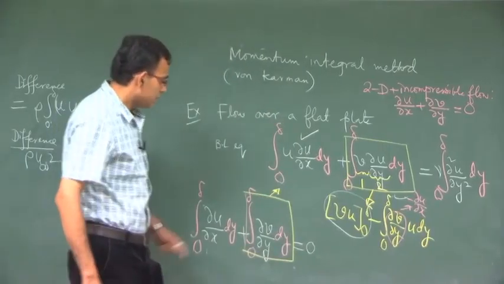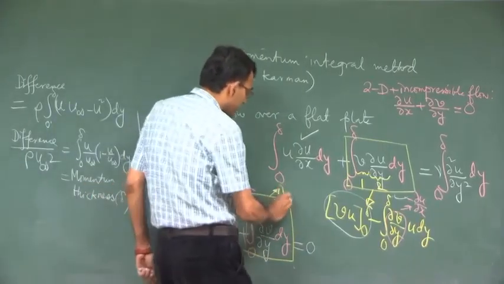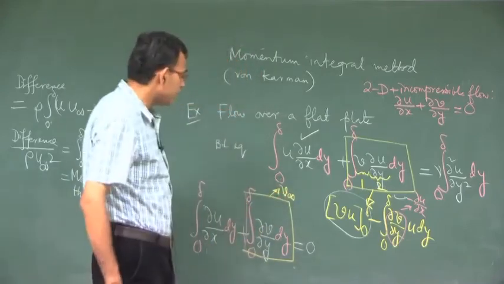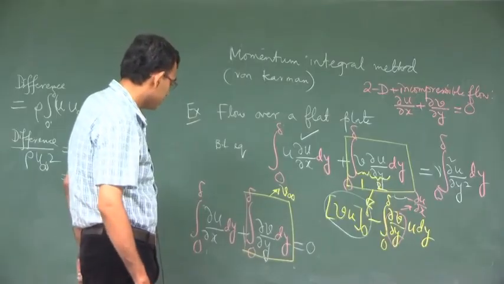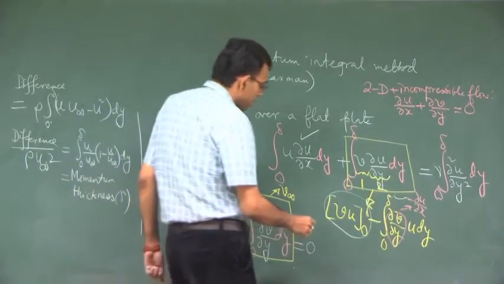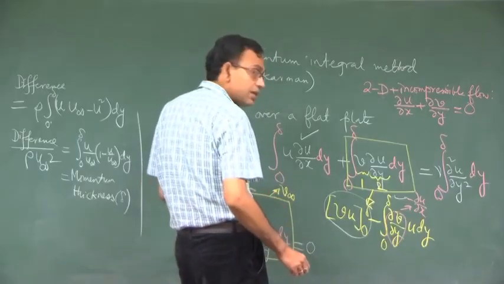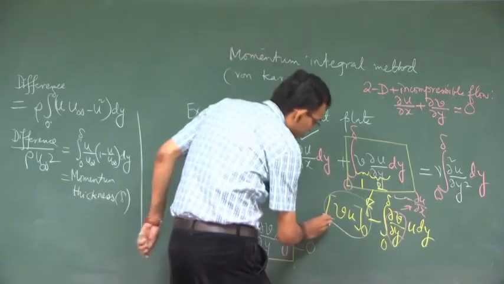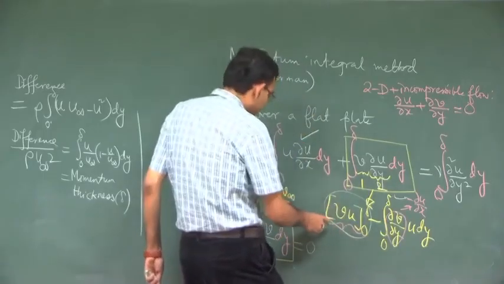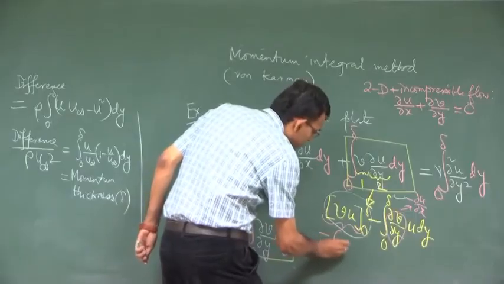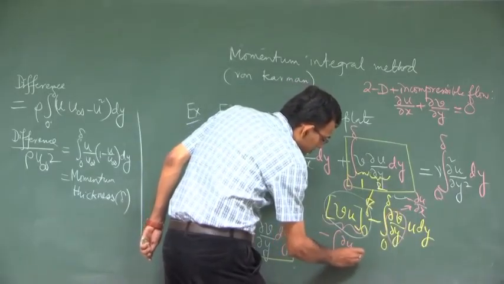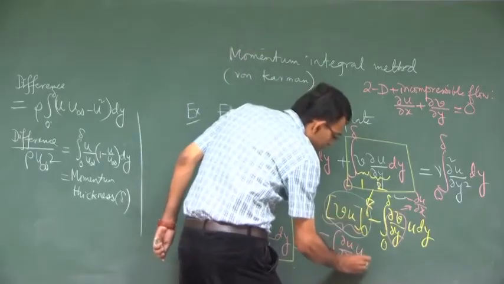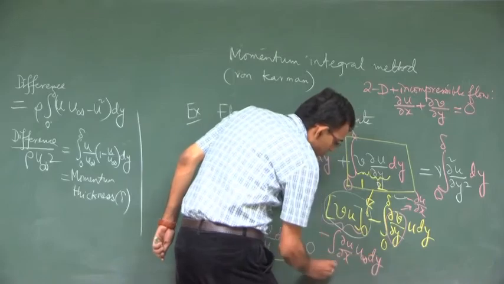What will be this? This will be v at delta, that is v infinity, minus v at 0. V at 0 is 0 because of no penetration boundary condition. So, v infinity is minus del u del x dy, integral of that. So, this term what it will be, v infinity, in place of this we will write minus, and u at delta is u infinity. So, it will be this.